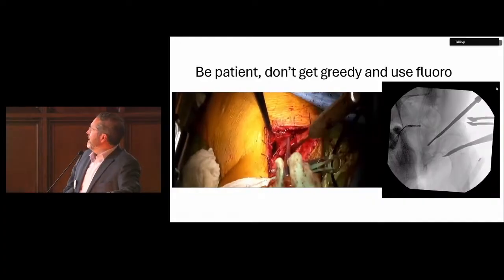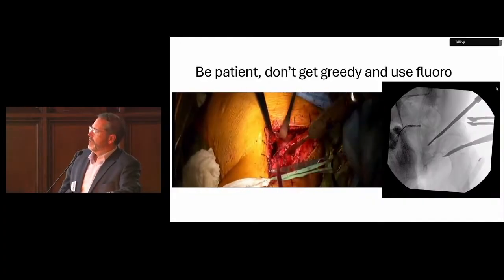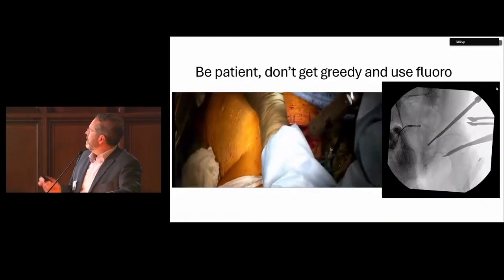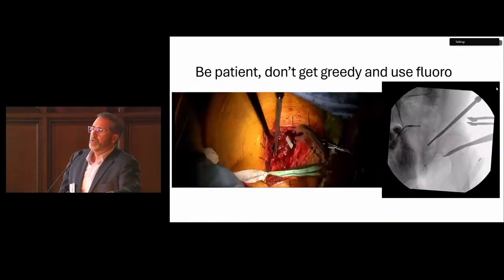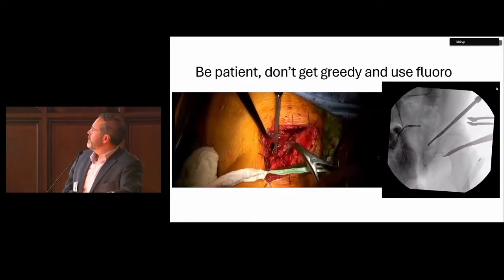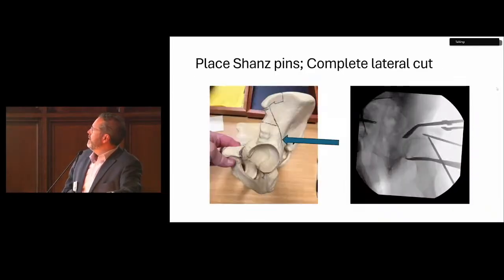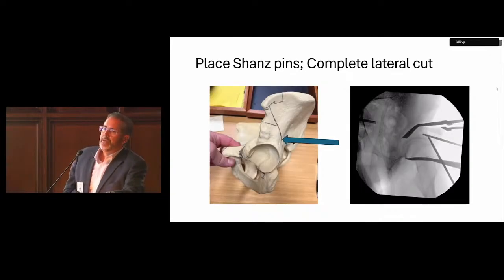I tend to use fluoro, probably maybe a little bit too much. Sometimes patients are too small to use the finger osteotome, and so straight ones can be helpful too. And then doing the lateral cut with the angled osteotome and making sure your Schanz pins are in place. I really like using the biplanar Schanz pins for correction.